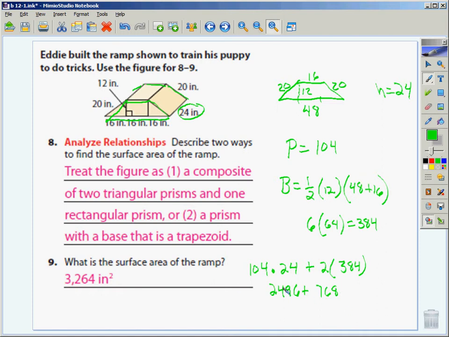If I add that, I get 3,264 inches squared. Easier to treat as one solid versus treating it as 3 individual pieces being slid together. Okay? Pretty good?